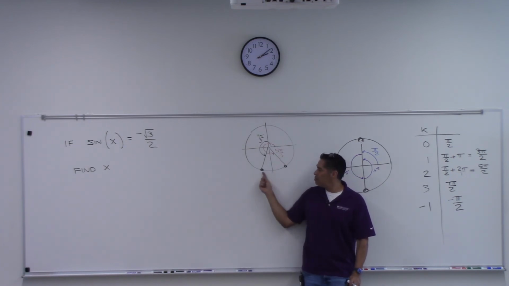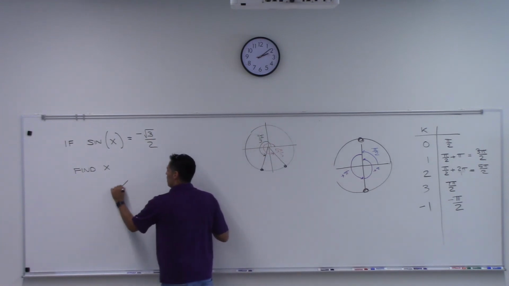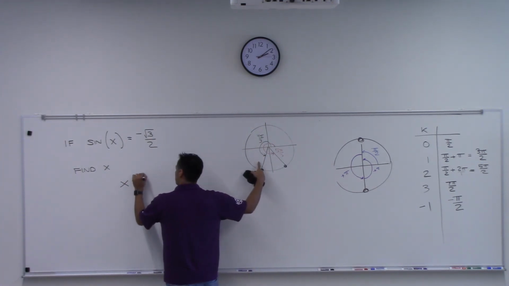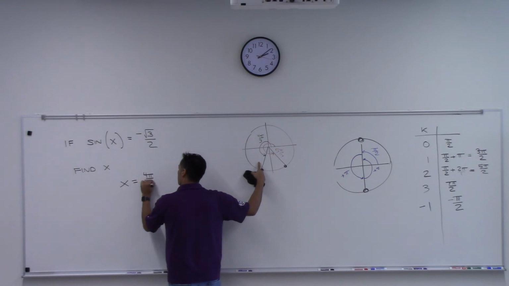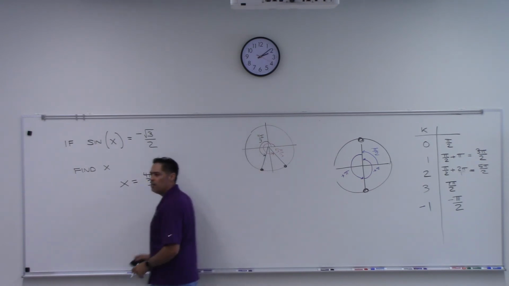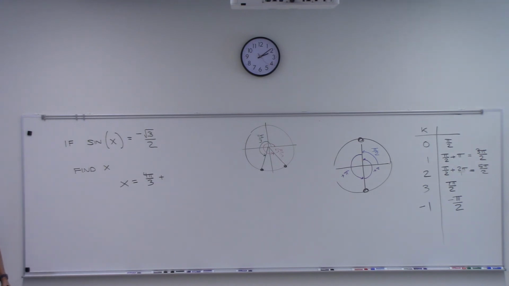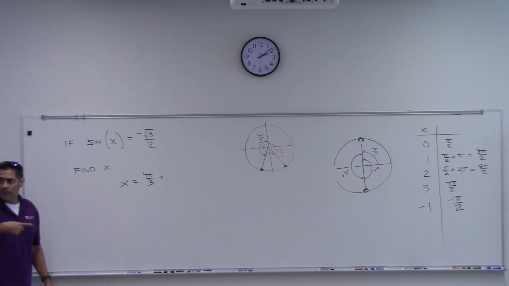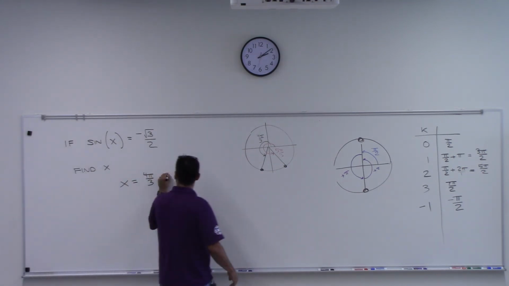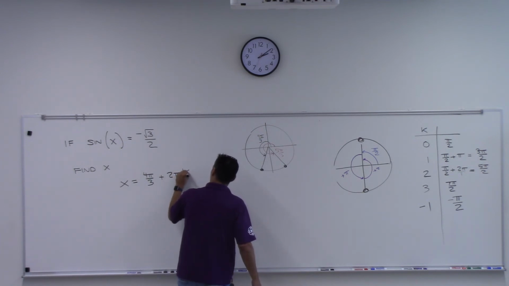So let's start with this one. X will be this one here, 4 pi over 3, plus, now, how can you get me back to that same location? What are you going to have to add to jump right back to where you were? You have to add a full rotation. You have to add 2 pi to get back there, don't you? 2 pi k.